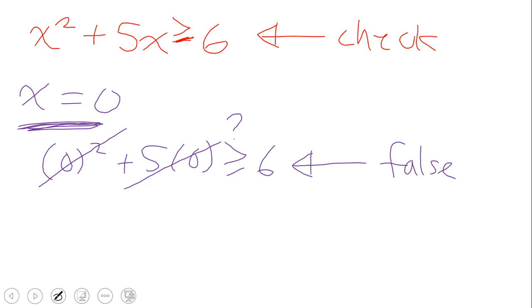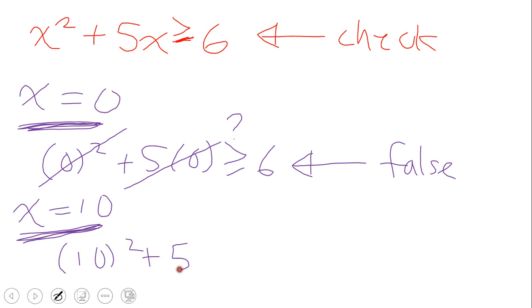For positive 10, we have x equals 10, and we have 10 squared plus 5 times 10, and we can already see this is going to be true. Huge positive, greater than 6.